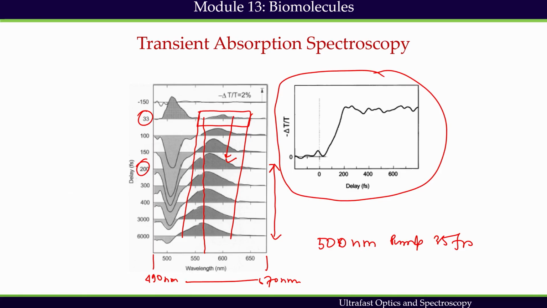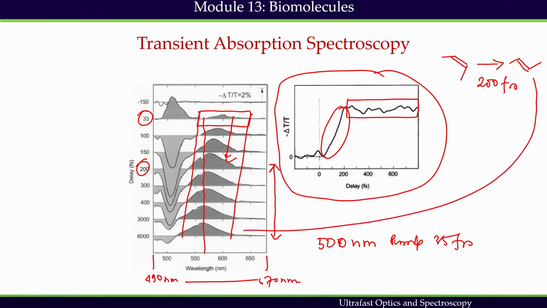Then we see that by 200 femtosecond, we have created the species already. So the formation time scale of trans is going to be 200 femtosecond. So all the 11-cis product is converted to trans product in 200 femtosecond, and trans is absorbing in this regime.